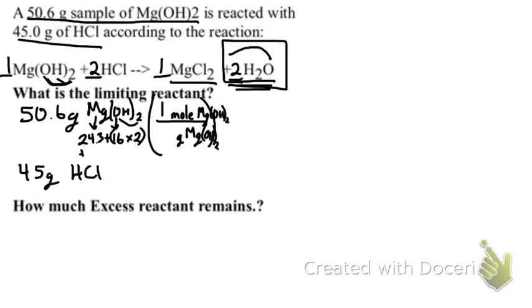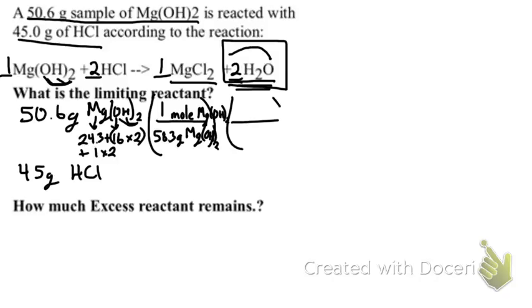And then we also need to add the weight of 2 hydrogens. Hydrogen weighs 1 times 2. So we end up with 24.3 plus 32 plus 2. So 24 plus 32 is 56.3, plus 2 more is 58.3. So our magnesium hydroxide weighs 58.3 grams per mole.